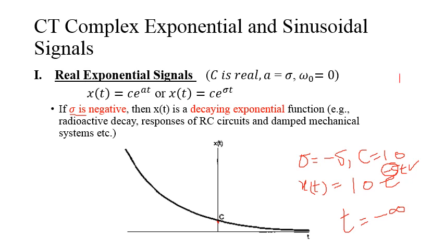You can write it like e power minus infinity. So what is the value of that? We can say this is e power minus 5 into infinity at t equals infinity, right?